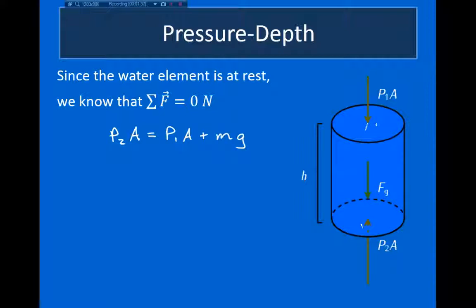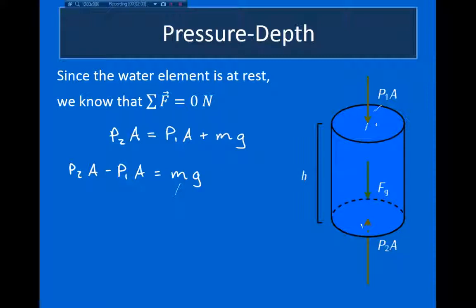What I would like to do is come up with a relationship that tells me the difference between these two pressures. So I'm going to rearrange this as P2 times A minus P1 times A is equal to the weight of the water. As I mentioned in the earlier video, when we talk about liquids, we usually don't want to look at mass, because this depends on the amount of liquid we have.